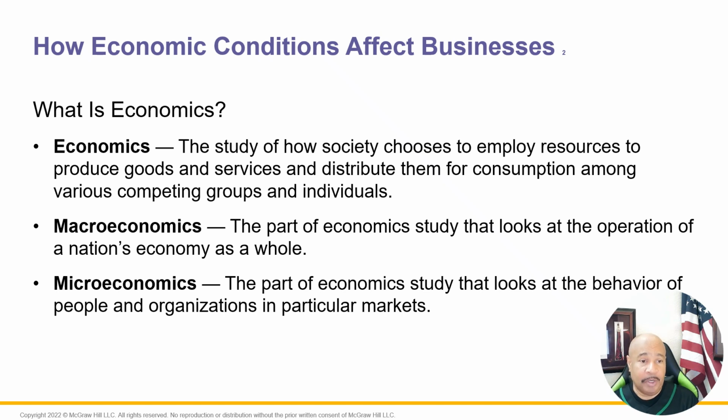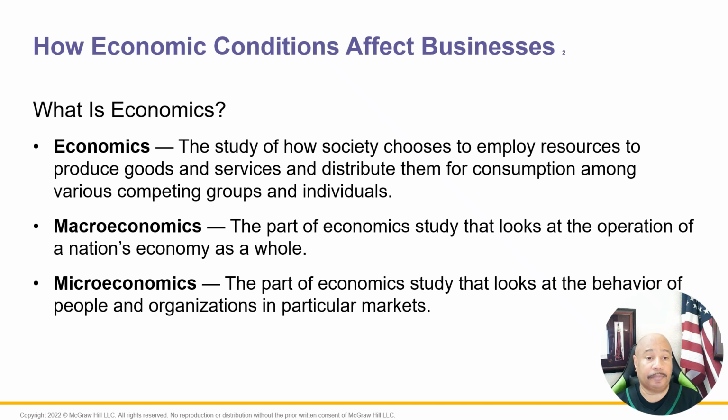That's the concept. Macroeconomics is the part of economic study that looks at the operations of a nation's economy as a whole. The bigger picture: macro, max. The way you can remember macro and micro is that macro is like maximum, huge. That's one way of hopefully understanding that definition.